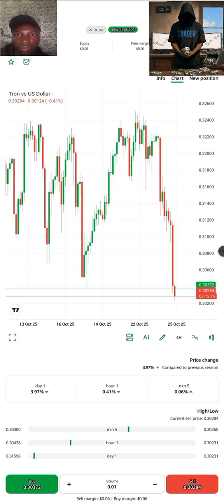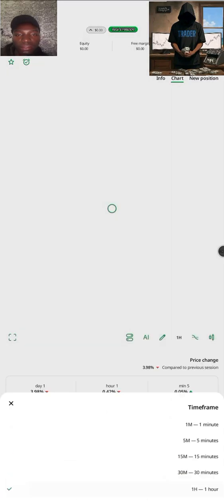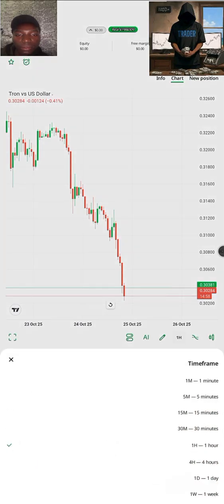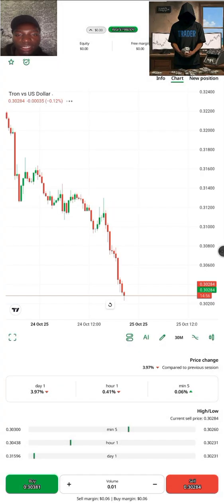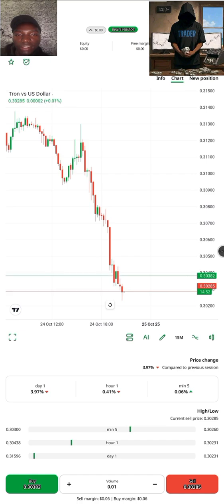Over here we have Tron coin versus USD. It is 0.6. The same thing, it's approximately 10 bob. The same thing for 1 hour bearish, 30 minutes bearish, 15 minutes bearish.